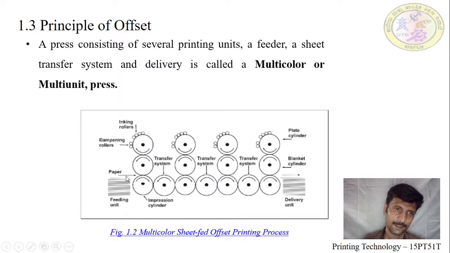After filling the pile board in the feeder unit, set the feeder setting and then the register setting. Then a separated sheet is transferred between a blanket and an impression cylinder to get a printed image on the substrate.